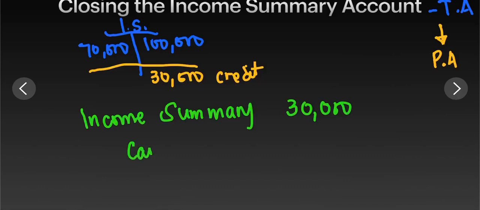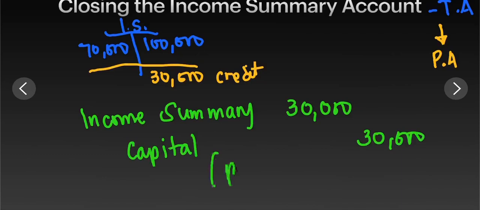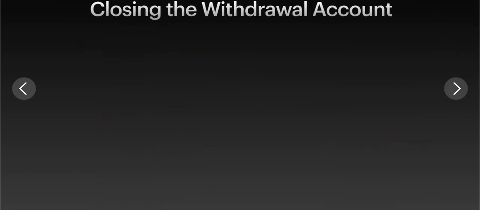We will close it in the capital account. For how much? 30,000. In this case, the capital account is a permanent account. Therefore, there is no need to close it to another account.